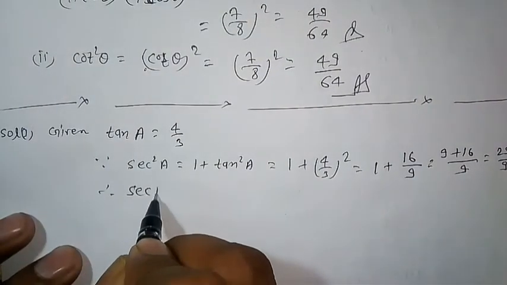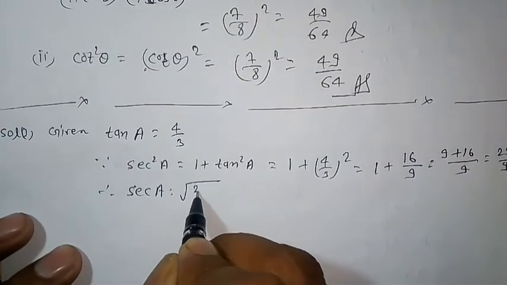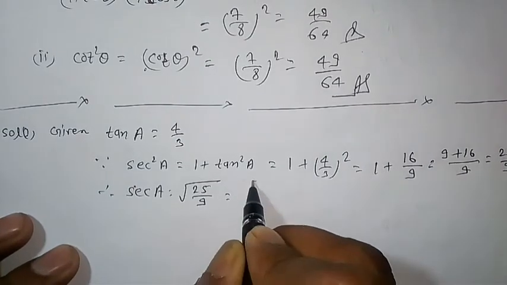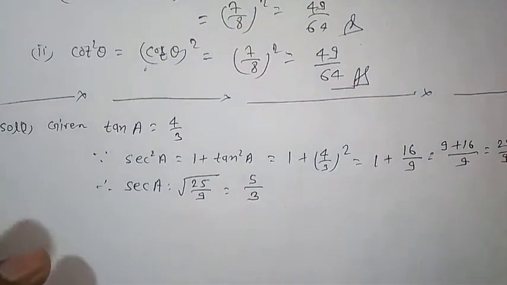Therefore sec A is equal to root under 25 by 9, is equal to 5 by 3.